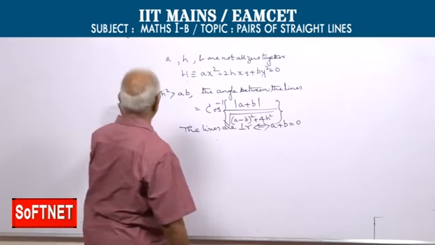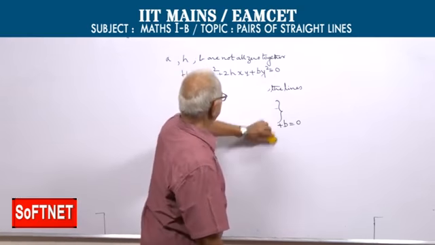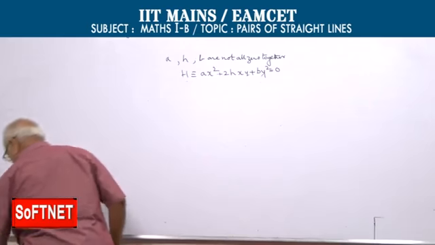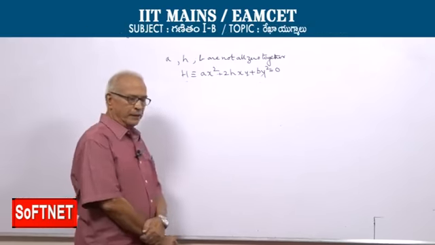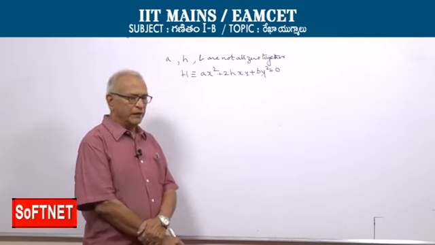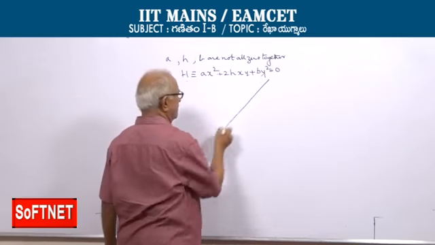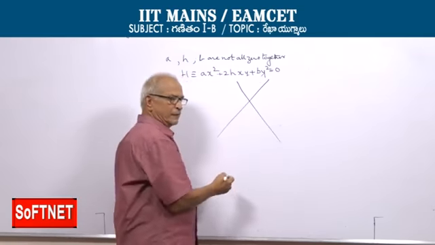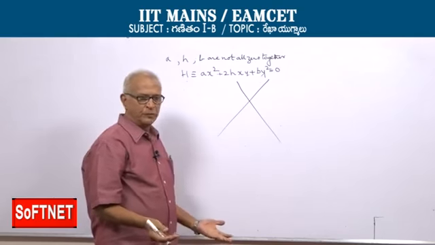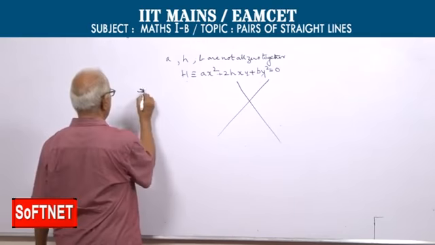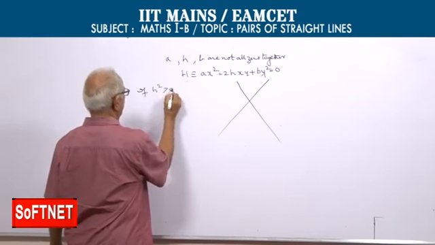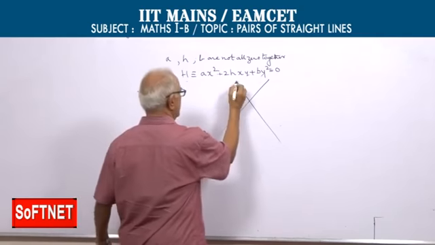Next, another important result is when the two lines are distinct like this and not parallel, that means h square greater than ab. The lines are distinct like this.